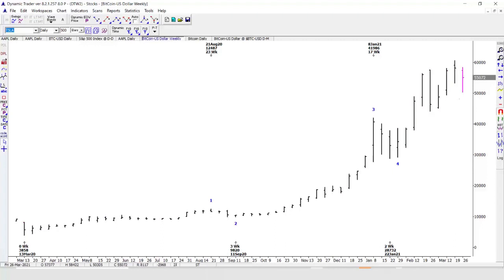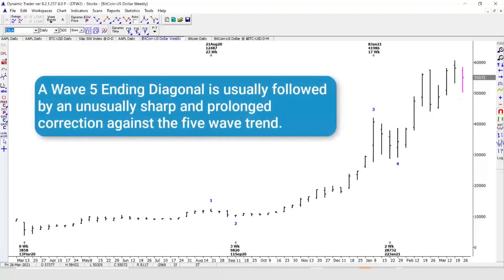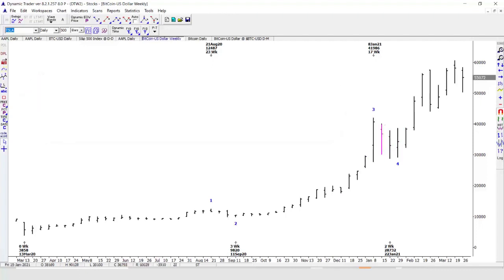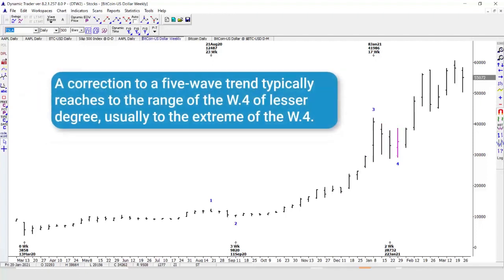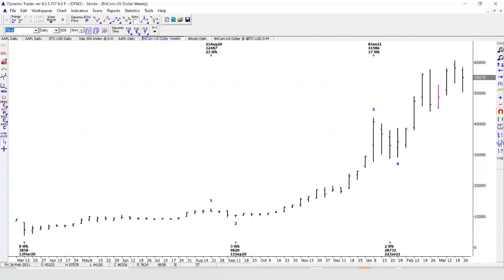And when it's complete, what's usually the aftermath of an ending diagonal? Usually quite a sharp correction. And if we're having a correction against a 5-wave trend, typically it would reach at least down to the range of the wave 4. So that's quite a ways down from where the market's at. In fact, that's almost a 50% decline in price from this high.